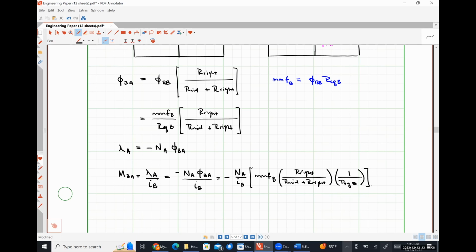The reason why I'm writing it in this way is because now we're going to replace that MMF from coil B, because that's not something that we actually know. We just know what things make it up. So MMF B is going to be NB times IB.